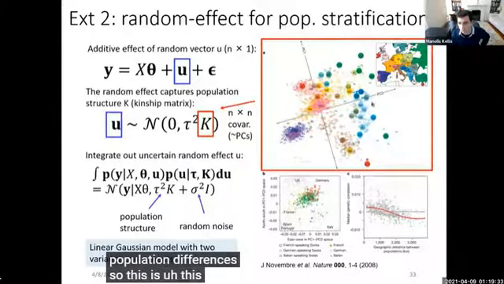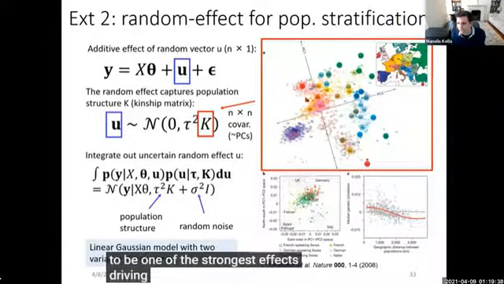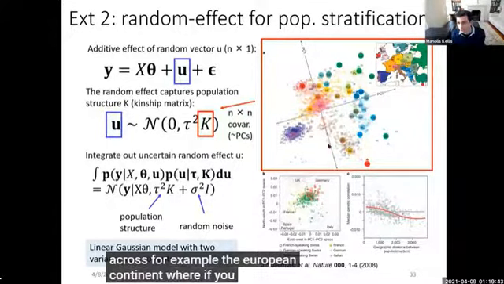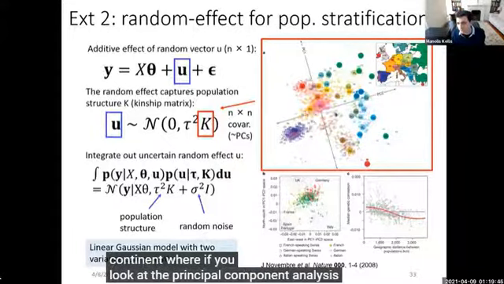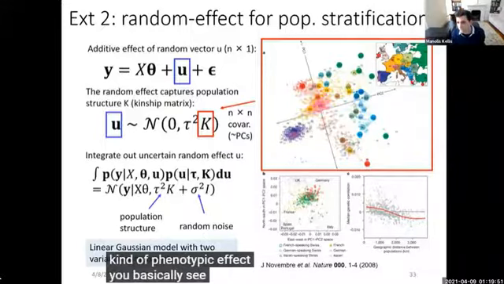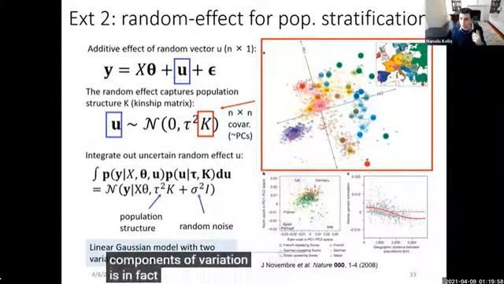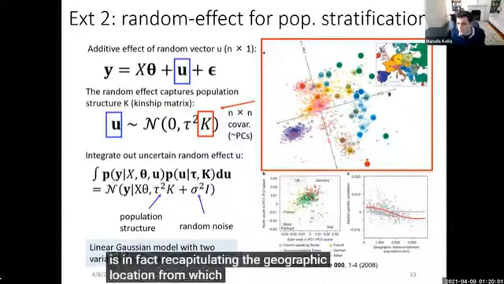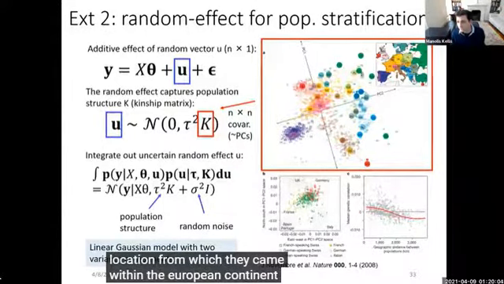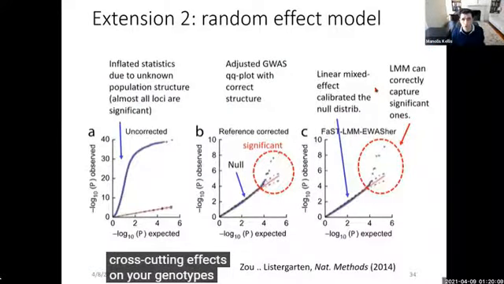So this has been shown by Alkes, who's here, to be one of the strongest effects driving these genetic matrices across, for example, the European continent, where if you look at the principal component analysis of the genotype matrix in absence of any kind of phenotypic effect, you basically see that the position of all of your samples according to the first two principal components of variation is in fact recapitulating the geographic location from which they came within the European continent, indicating that there are these global cross-cutting effects on your genotypes.